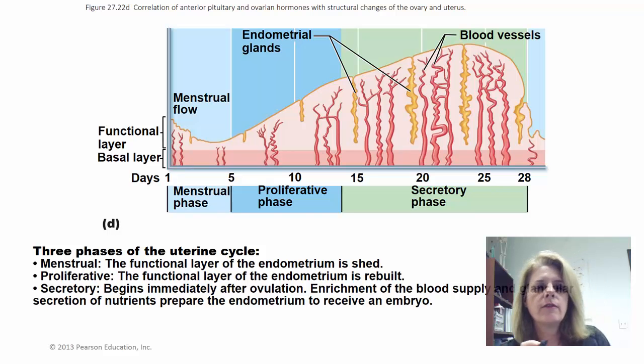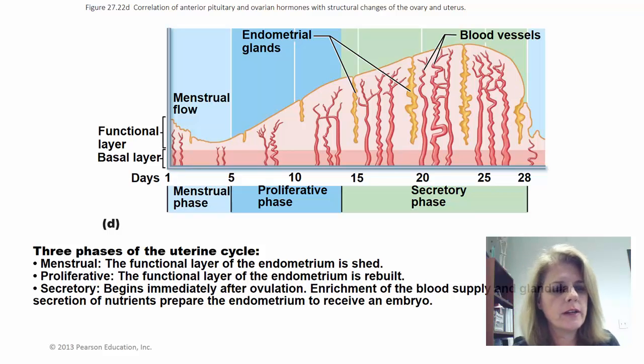Looking at the endometrial lining inside the uterus, we're going to talk about what's going on during these three phases: a menstrual phase, a proliferative phase, and a secretory phase. The menstrual phase is your menstrual flow, when you're shedding the endometrial layer of the uterus.